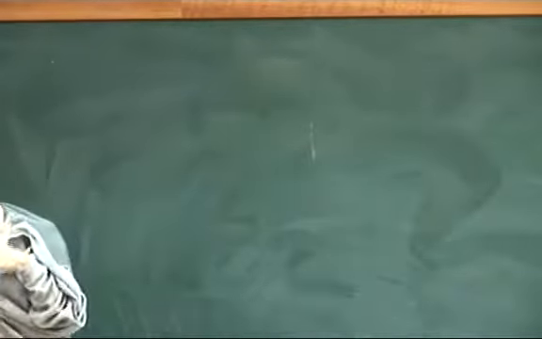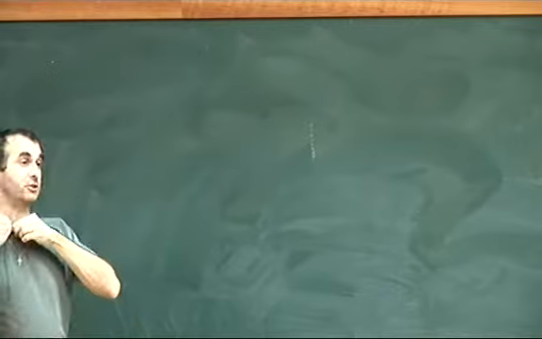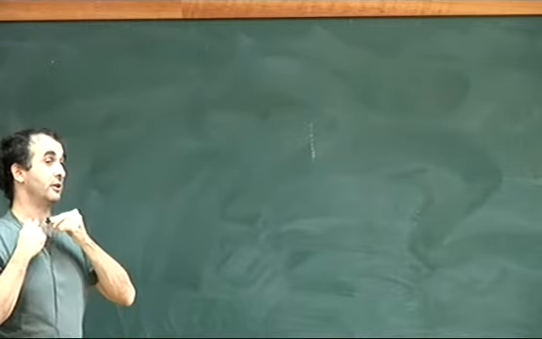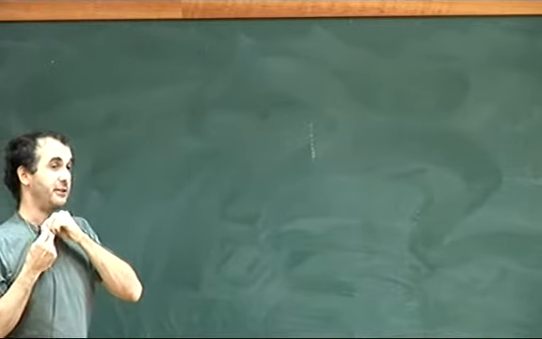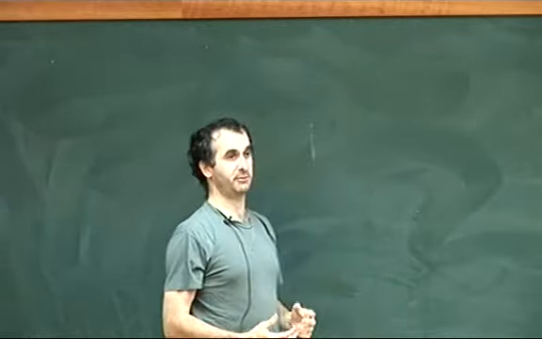I just erased the definition of the boundary map. So to get a combinatorial description of the CF hat, the generators of the chain complex are a combinatorial object by themselves.